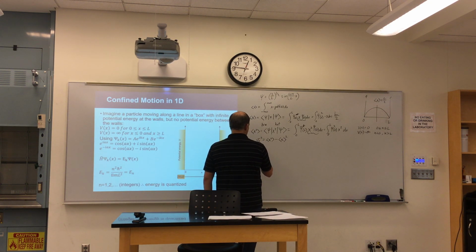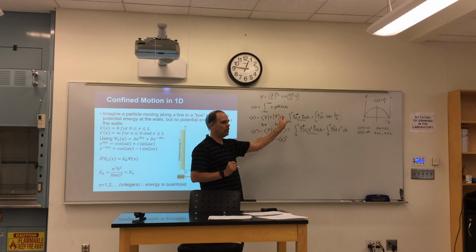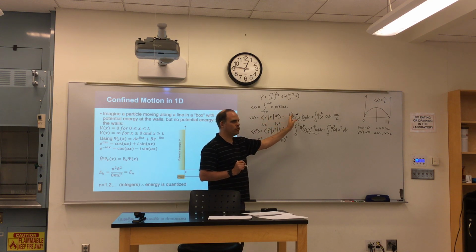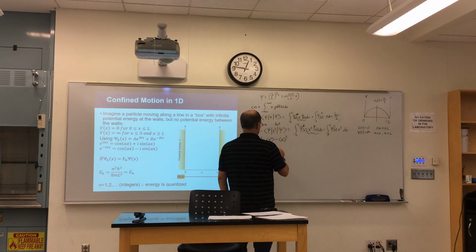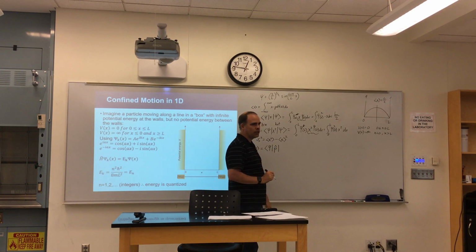So to find the average momentum, the way you find a value that has an operator is you plug the operator into your bracket notation or into your integral. So for momentum, that would be the integral from 0 to L of psi complex conjugate. Now this is p hat, because that's actually an operator.